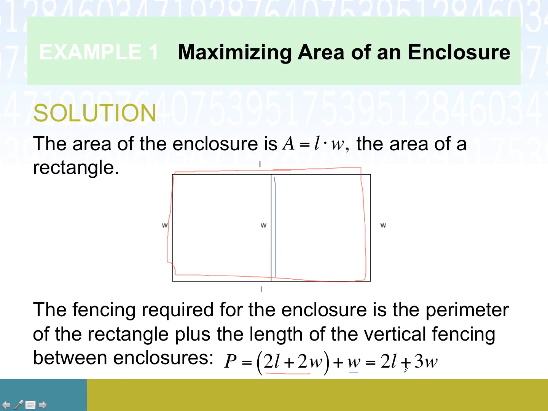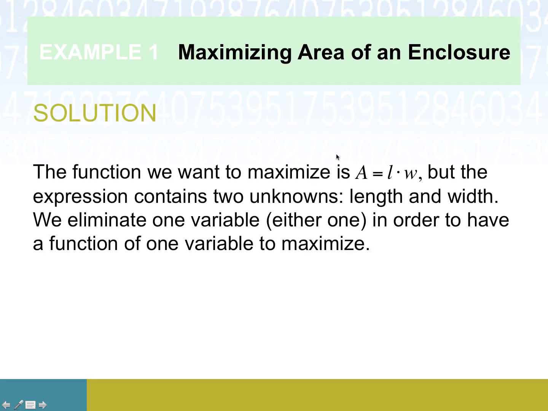However, we know what this total ought to be. It should be 864 yards. That was given to us in the setup of this problem. So here's the deal. We're going to use this equation down here as a helper to get rid of one of the variables in our area equation. Just reiterating, the area equation has two unknowns in it.